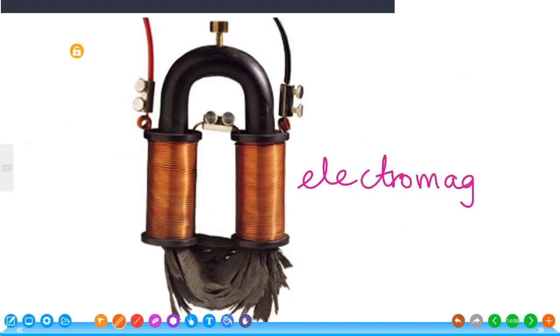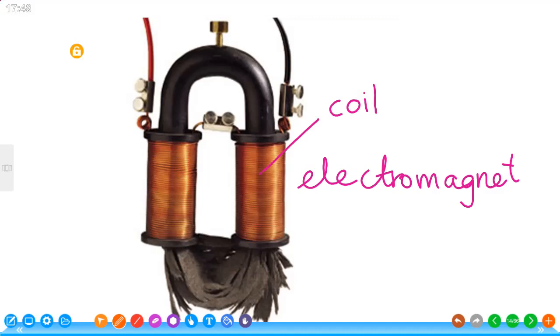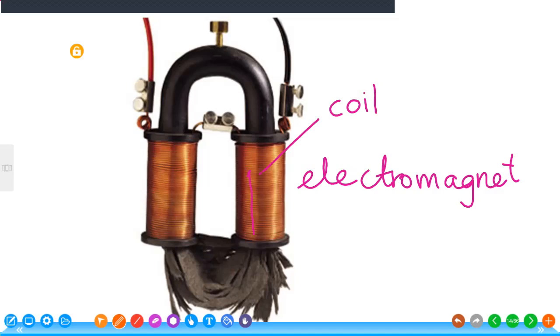Other than that, you can think of this as an electromagnet. When we consider an electromagnet, you have to understand that there should be a coil. When making this coil, you can't use normal copper wires. The reason is that when each and every turn touches the other one, there may be a short circuit rather than passing current along all the turns.